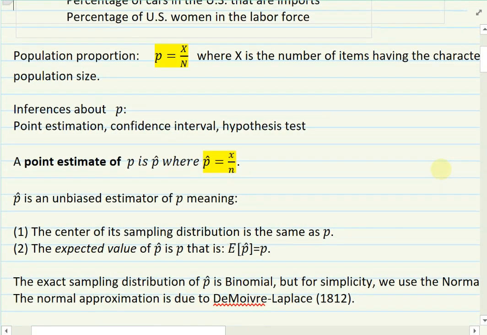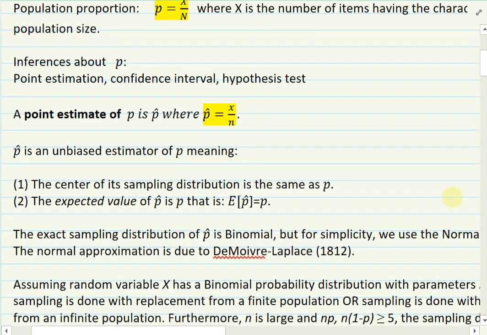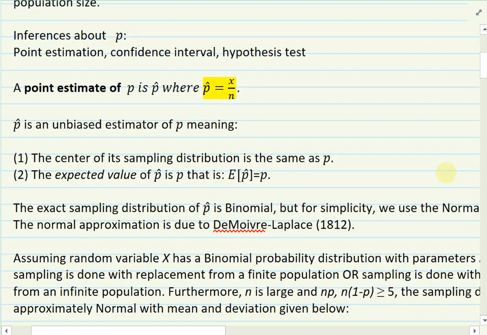And this normal approximation is due to de Moivre and Laplace. And this was discovered in the early 1800s. So there are a bunch of assumptions that go with this normal approximation to the sampling distribution. So here I have them in the paragraph.